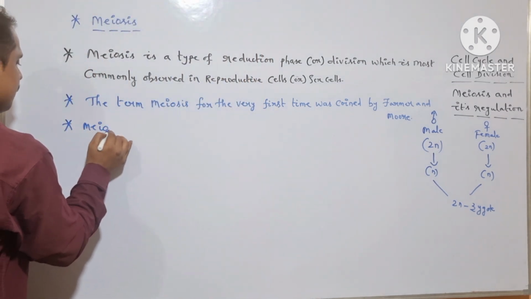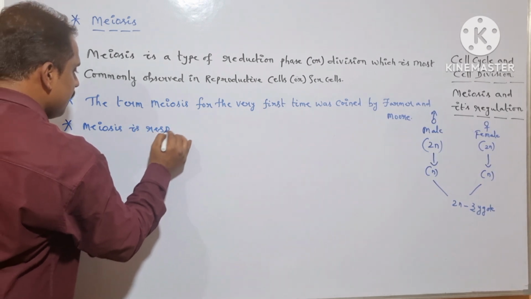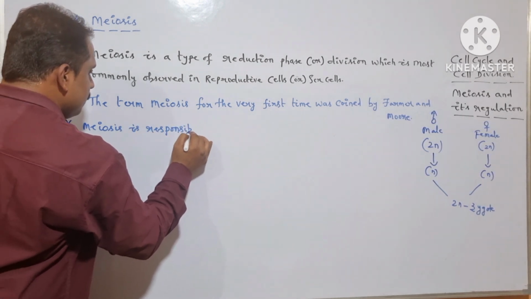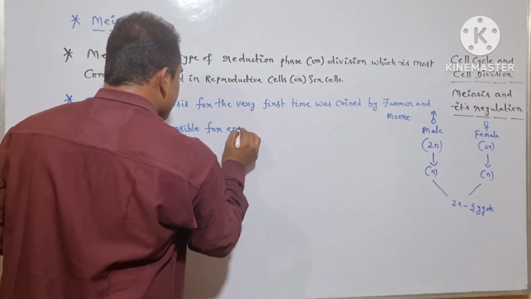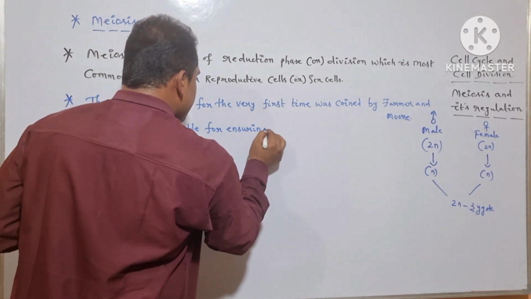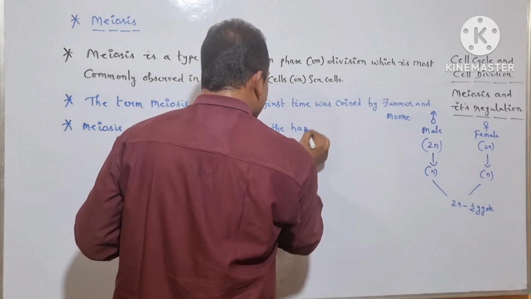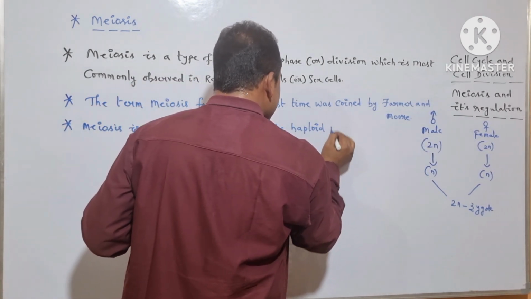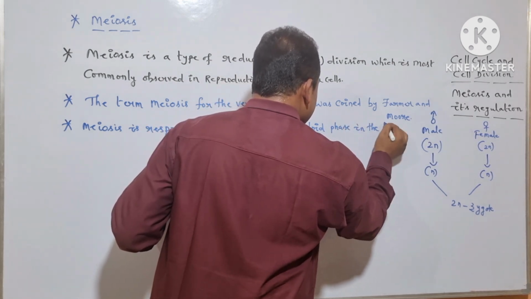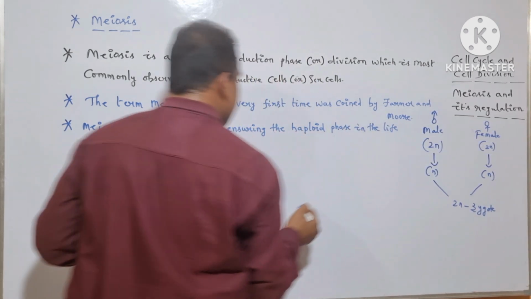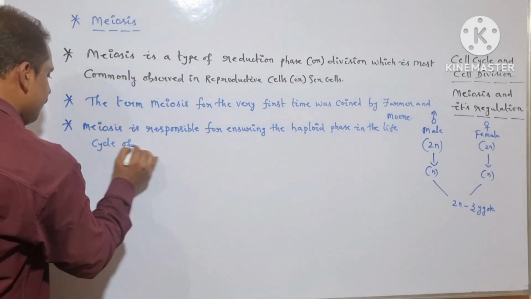Meiosis is responsible for ensuring the haploid phase in the life cycle of a living organism.